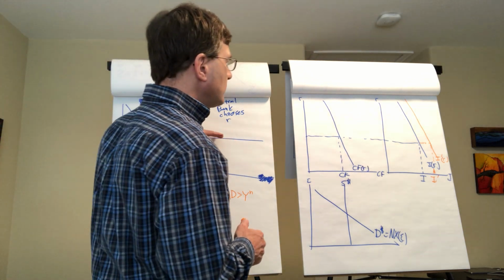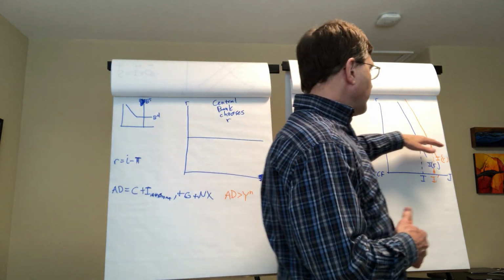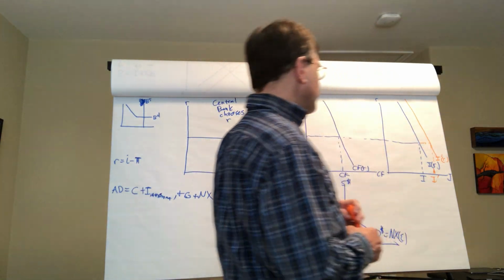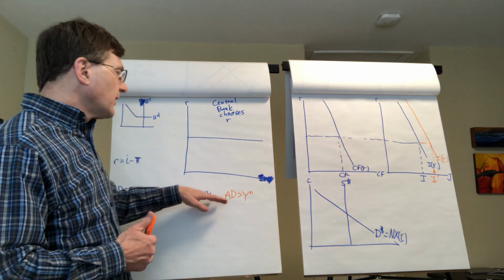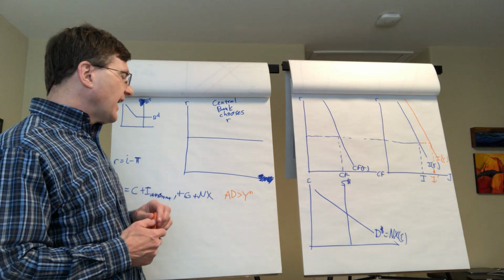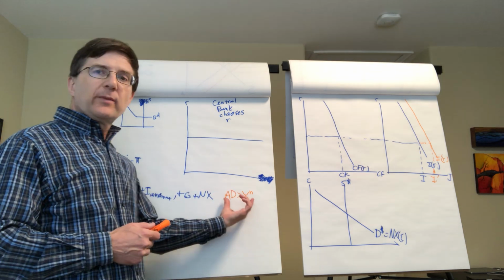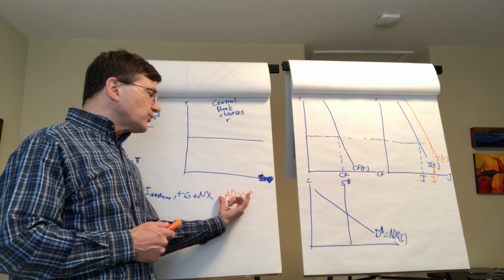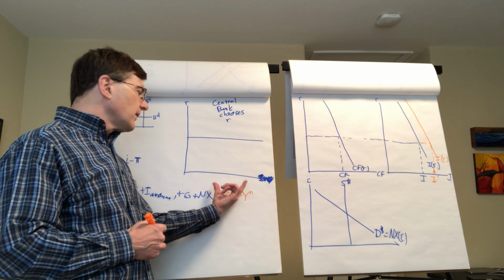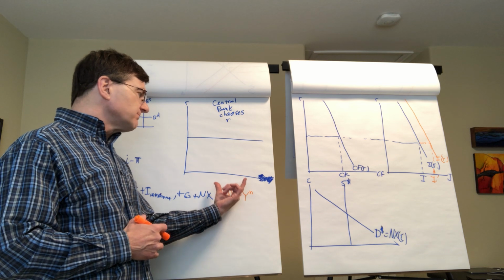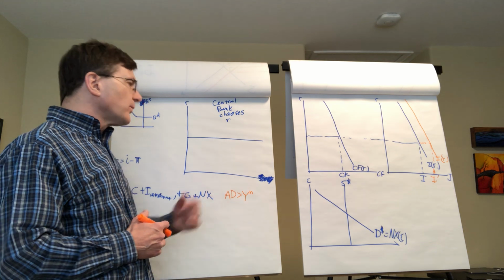So at first, before the Fed changes the interest rate, this increase in investment demand raises aggregate demand, but doesn't do a whole lot else. But afterwards, when the Fed says, wait a minute, that's too much aggregate demand, remember, their job is to keep aggregate demand equal to the natural level of output, their main job, they do have some other jobs, then they ought to raise the interest rate.